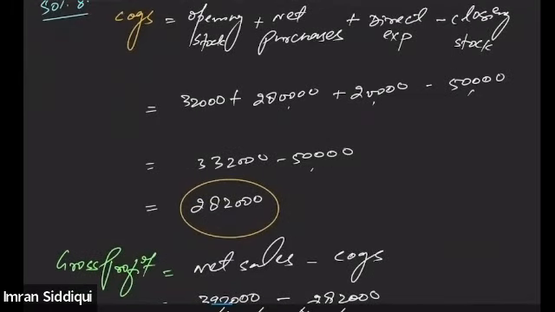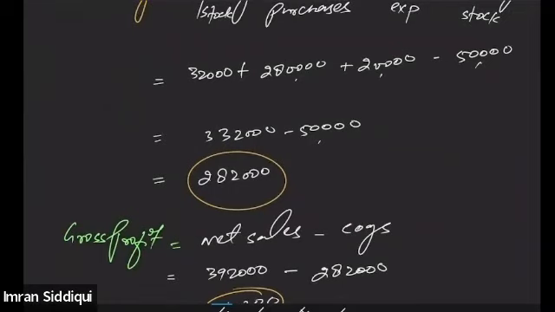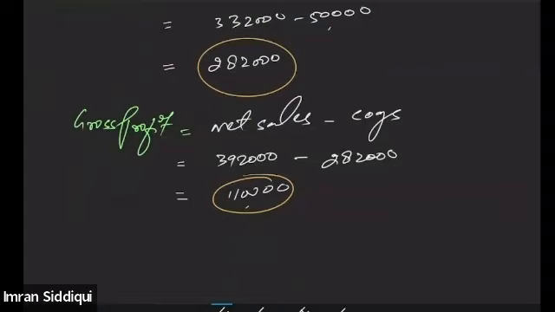In this question we have no purchase return, so the entire purchase value will be considered as the net purchase itself. Direct expenses are given as 20,000, minus 50,000 as the closing stock. Totaling all this will be 3,32,000 minus 50,000. You will get 2,82,000. This is the COGS.